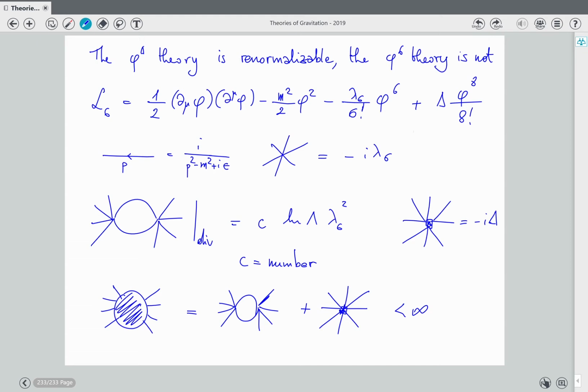And those infinitely many terms should be multiplied by arbitrary coefficients, new coupling constants, because it can be shown that there is no privileged choice when it comes to determining those coefficients. There is no way to determine them, so the theory becomes completely arbitrary. That is a non-renormalizable theory.